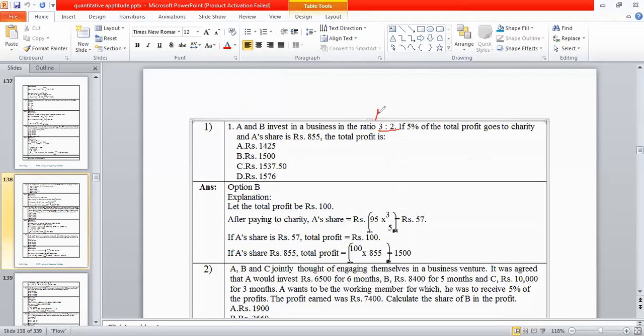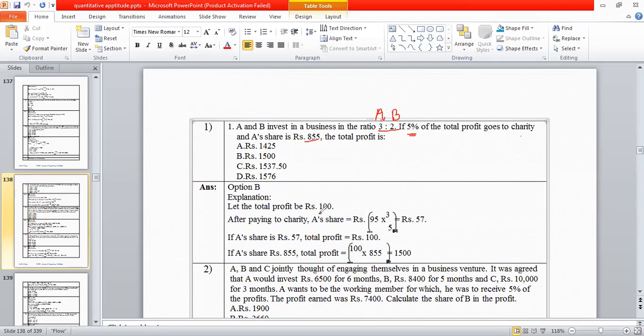A चा रेशो 3 असणार आहे आणि B चा 2. 5% ऑफ द टोटल प्रॉफिट गोज टू चॅरिटी, म्हणजे A चा जो शेअर आहे त्याच्यामध्ये 5% गेलेले आहेत. त्याचा ऍक्च्युअल शेअर 855.